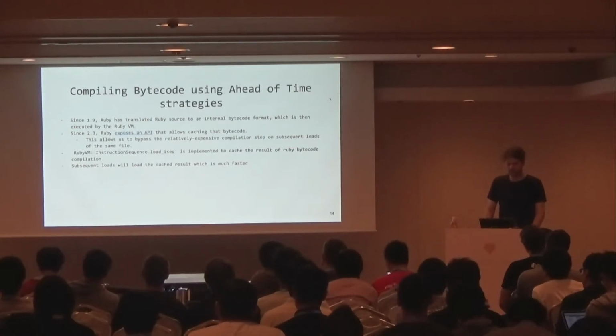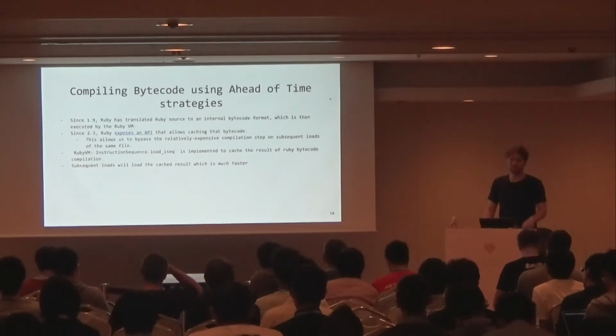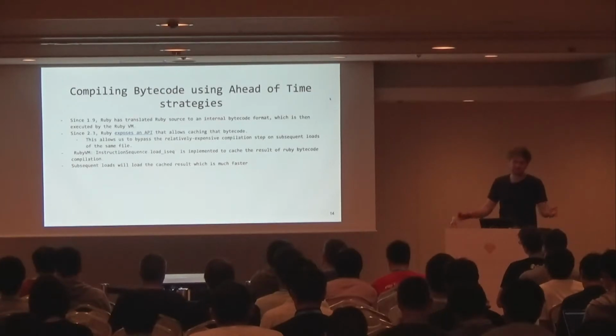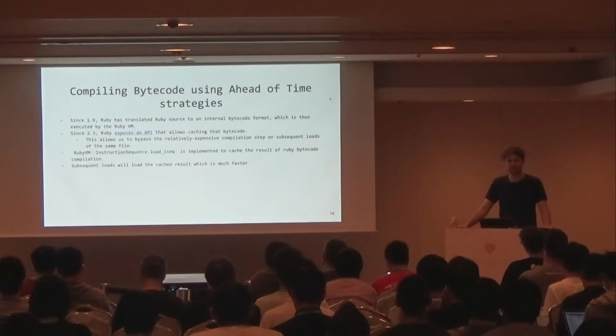What we do with Bootsnap is we cache it after the first time, and it will never be compiled again. We'll use the very fast load_iseq and compile from binary the entire instruction sequence, starter pack basically, and we're going to use that instead. This increases speed by a lot.